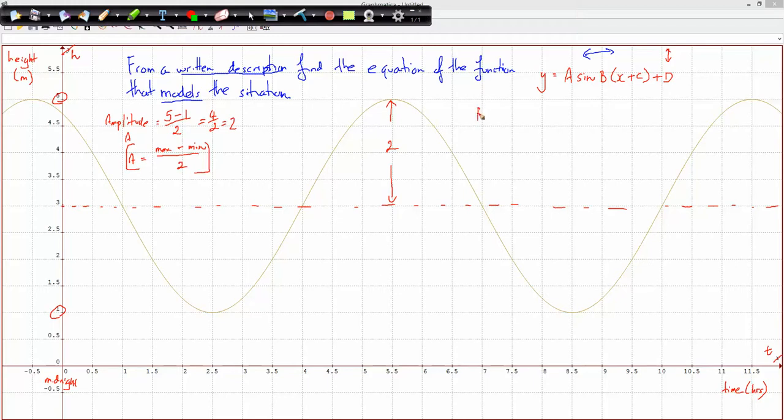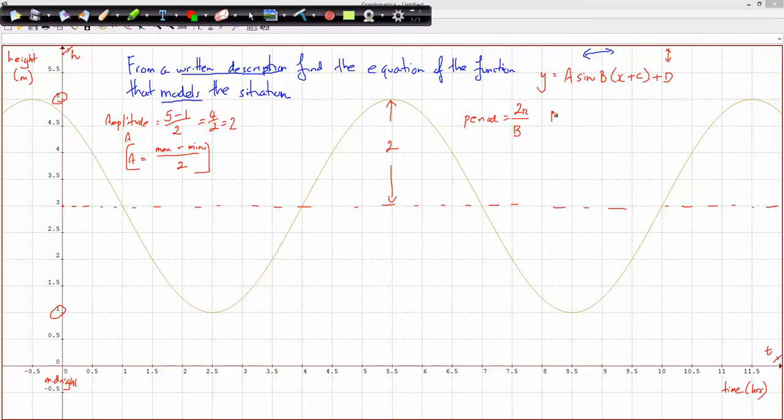You might recall that B affected the period of a sine or cosine graph in this way, where the period was equal to 2 pi divided by b.